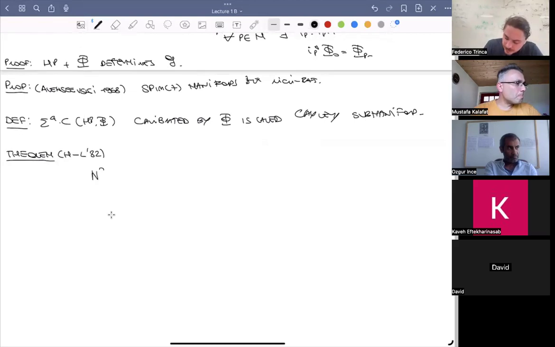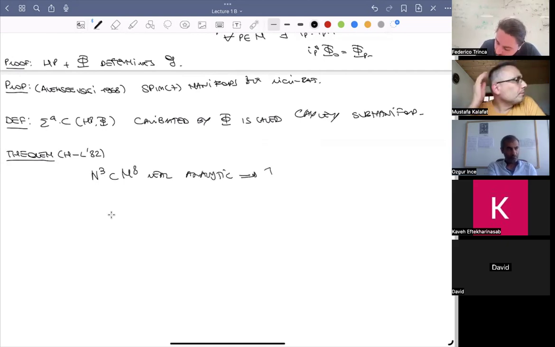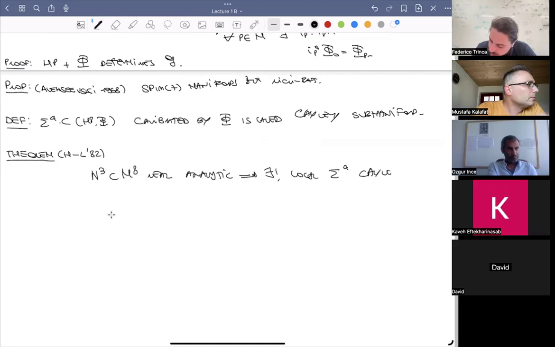If I have a three-dimensional real analytic submanifold M3 of M, then there exists a unique local four-dimensional Cayley submanifold which contains M3. This was proven by Harvey and Lawson using the Cartan-Kähler theory of exterior differential systems, EDS.